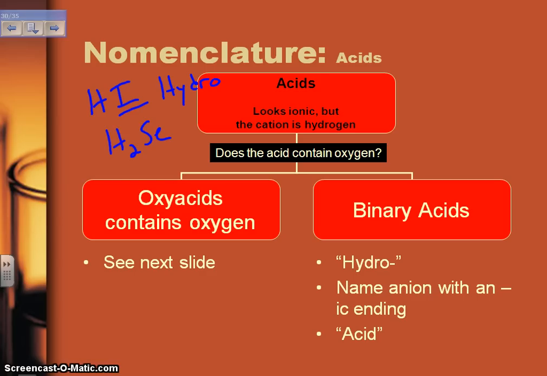Then I have the element iodine. So I'm going to have iodic. Instead of iodine, I'm going to replace the ine with an ic. And then I'm going to name it acid. For here, I have selenium. So it's going to be hydro, and instead of selenium, I'm going to have selenic, then acid.